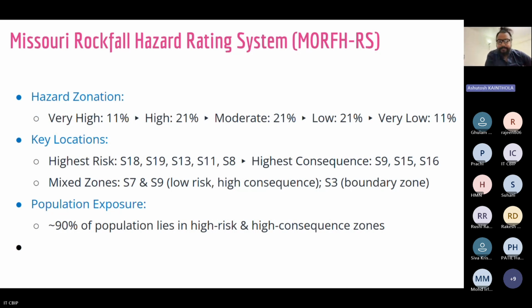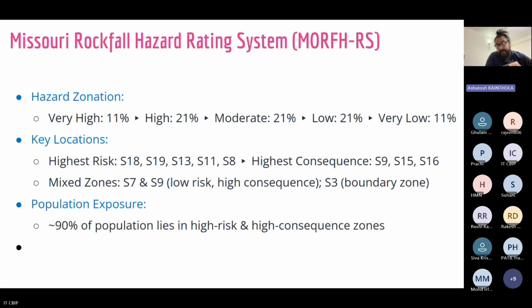As you can see, zones where we have higher settlement and higher population, which are S18, 19, 13, 11, and 8, fall in high risk zones, and the sporadic S9, S15, S16 have the highest consequences, because the larger contributor in the multiplying effect was population density.